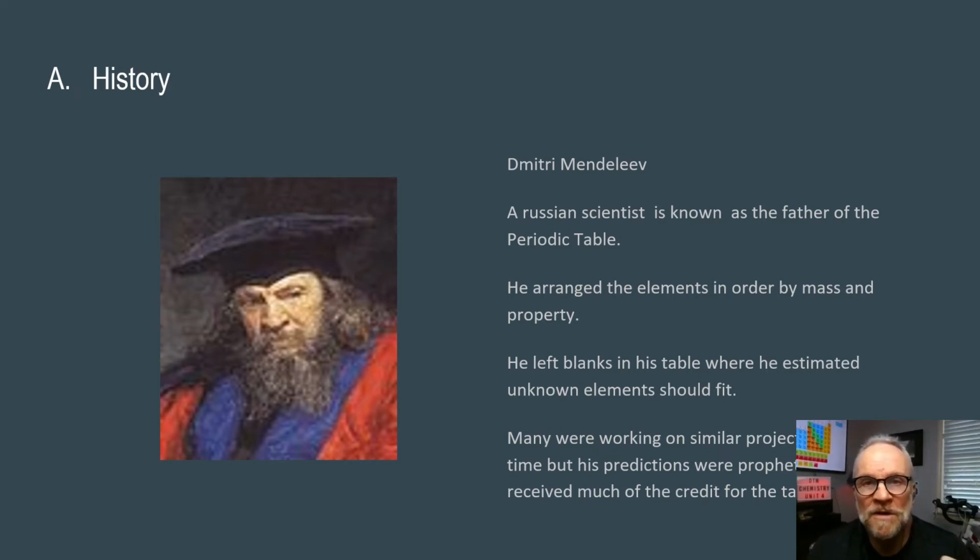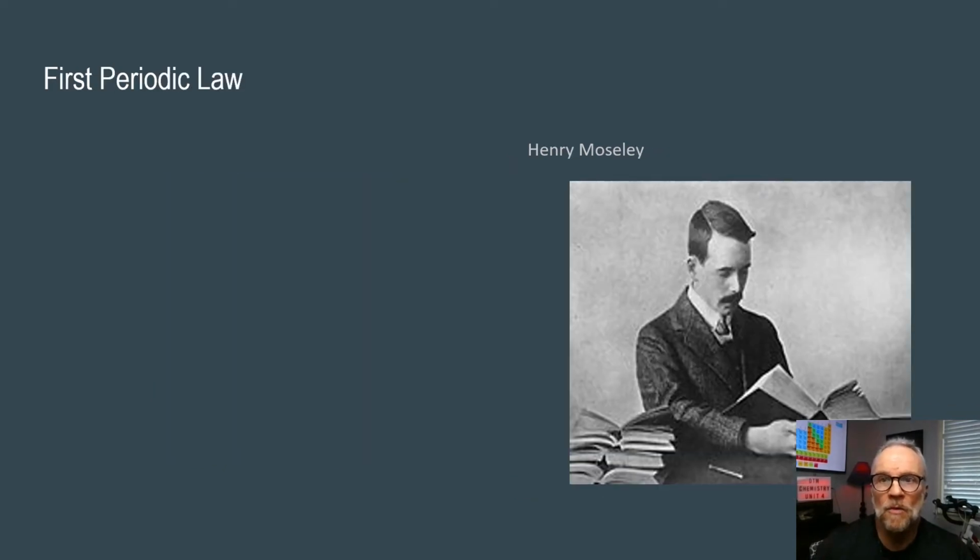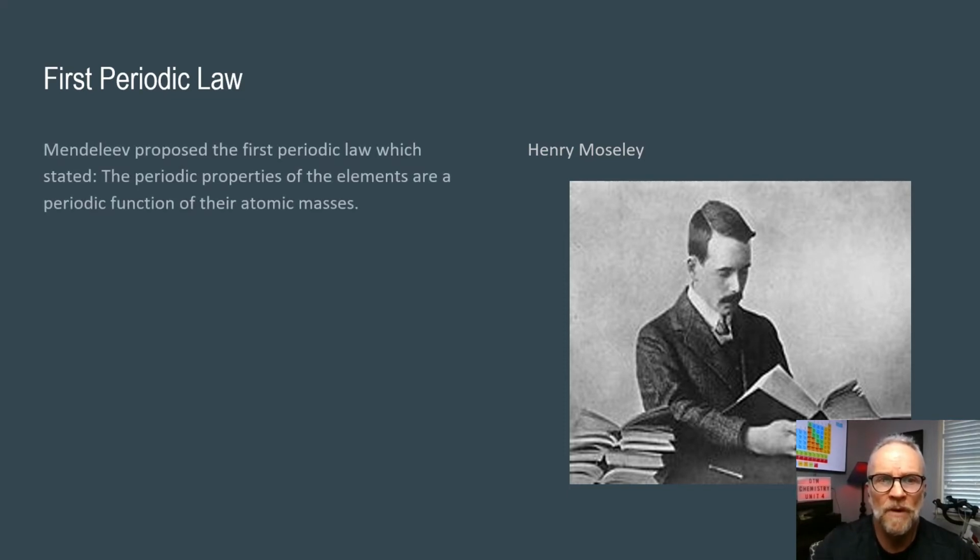He was a little bit different than the rest, and so this really distinguished him from his other scientific colleagues working at the time. Okay, so we have a guy by the name of Henry Moseley that also was working at the time, and we'll talk about him in a second, but let's continue on with Mendeleev.